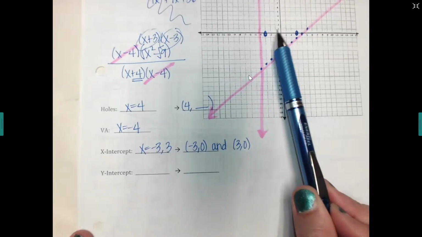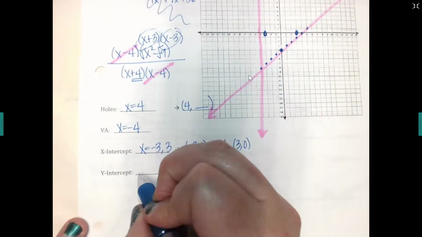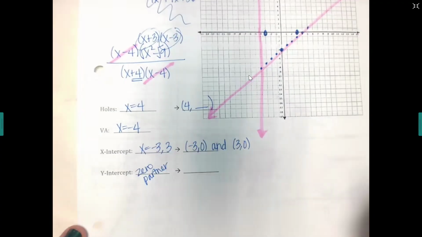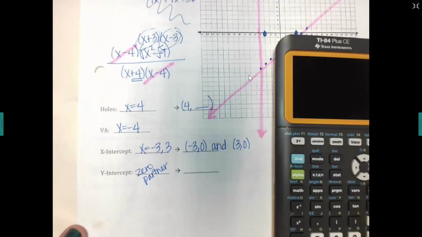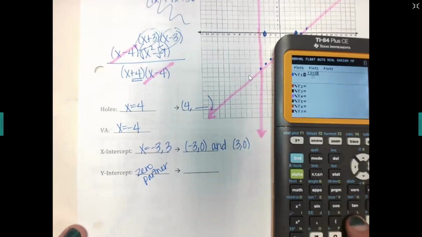Then for your very last point, remember it's the 0 partner. What parts of the equation should I not put into the calculator? The x minus 4, very good. So on the top, I'll have an x plus 3 and an x minus 3. And then I'll have an x plus 4 on bottom.